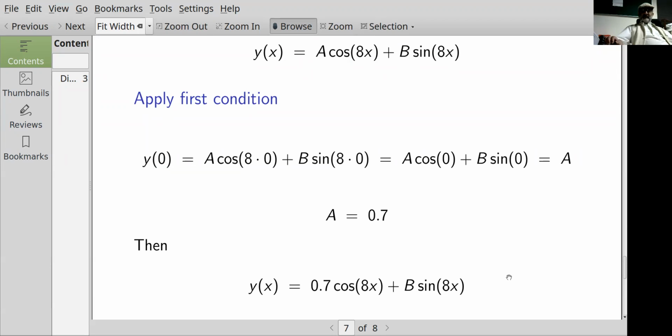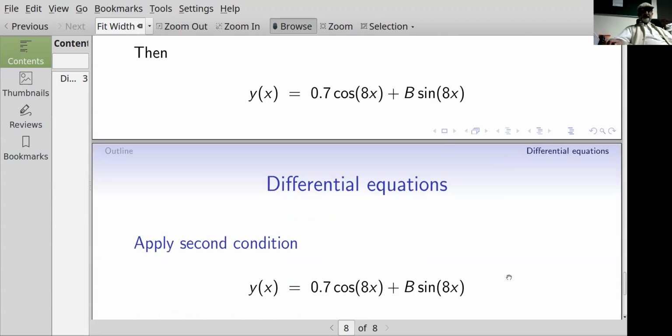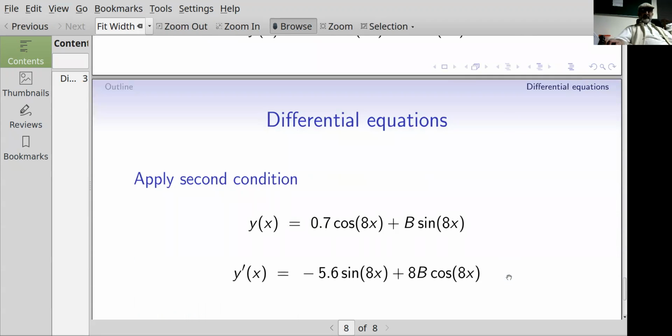Now further, we were given that the first derivative when x is equal to 0 is 0. So we take the derivative of this y of x, and we get minus 5.6, right? Remember, the derivative of cos 8x is minus sine of 8x times 8.